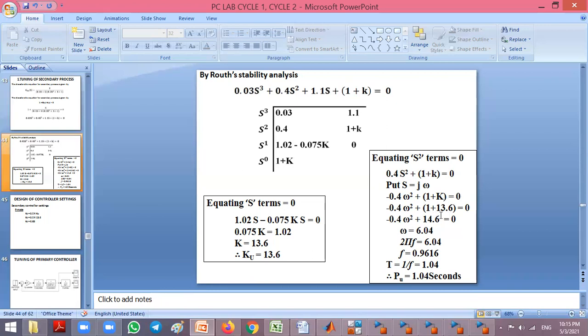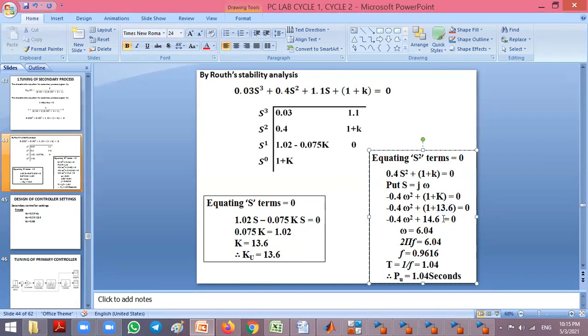You put the value of k, in the place of k, you put the value what you have got here for ku. So here the equation will become 0.4 omega squared plus 1 plus 13.6 is equal to 0.